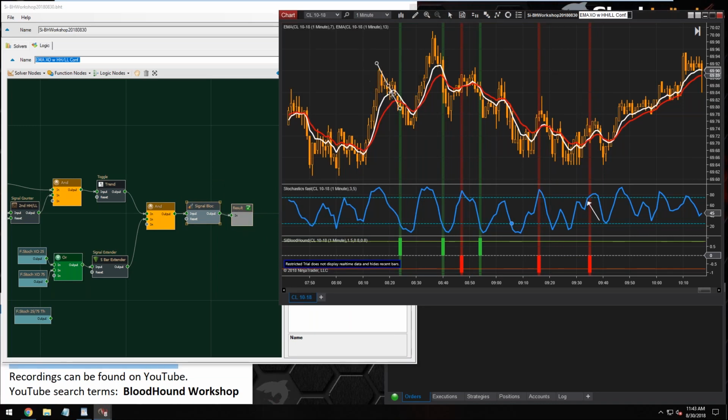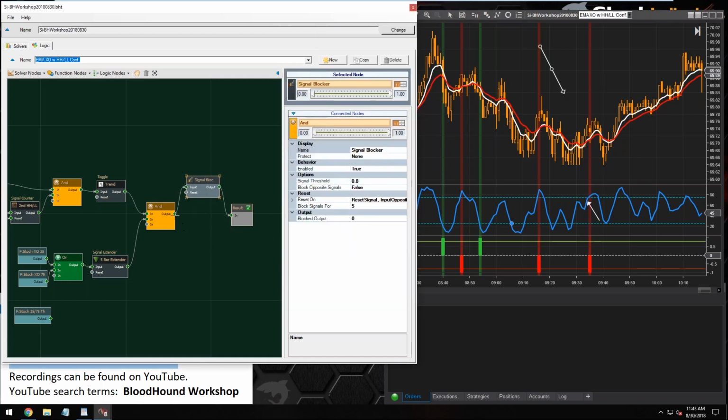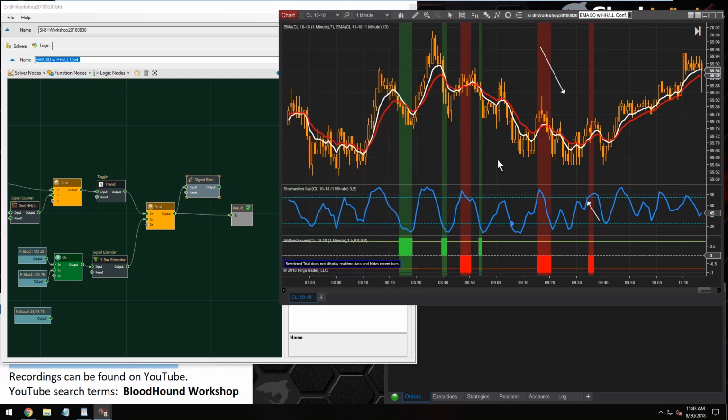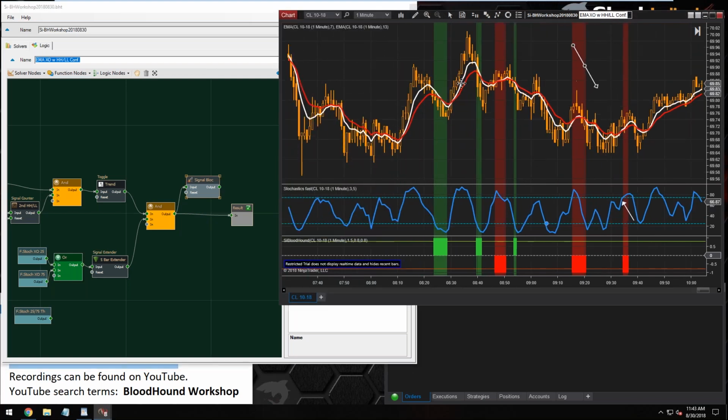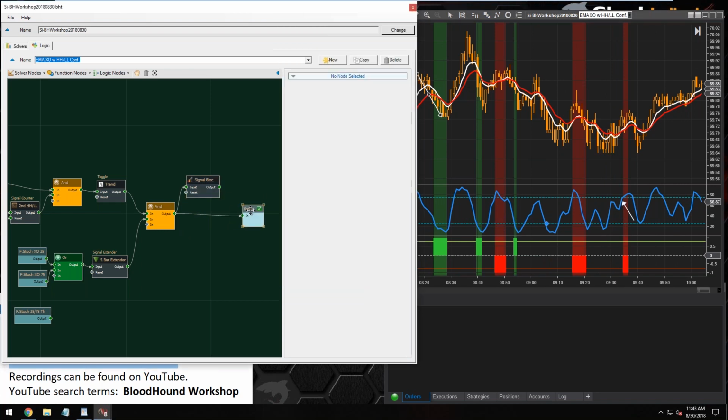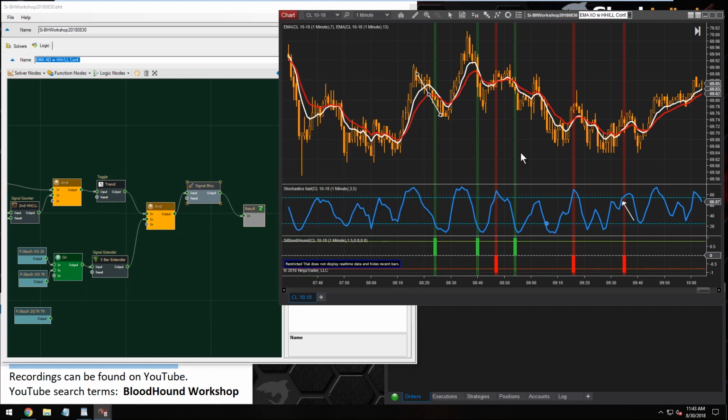So with the signal blocker, we'll get the first signal, and then the other continuous entry point signals are blocked. So there you go. It's two ways of looking at it. If you want more information, you can look at it this way, and if you want a simpler look, you could use the signal blocker.